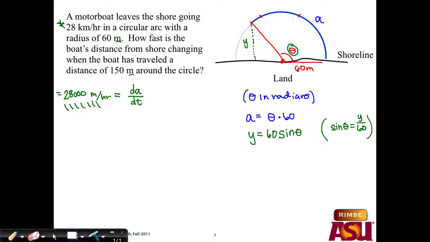So what I want to find, how fast is the boat's distance from shore changing? That's dy dt. So somehow I want to have y and A linked together in an equation. So theta is that obtuse angle there.